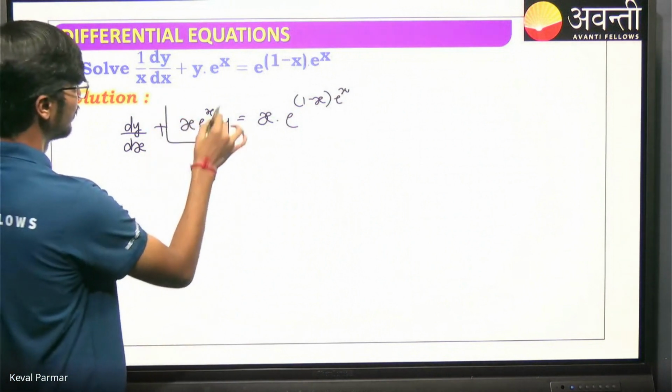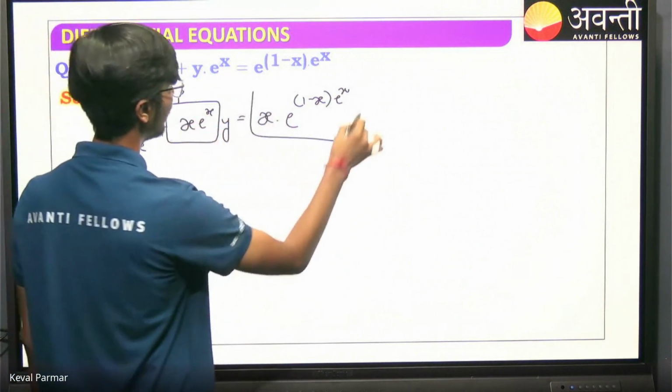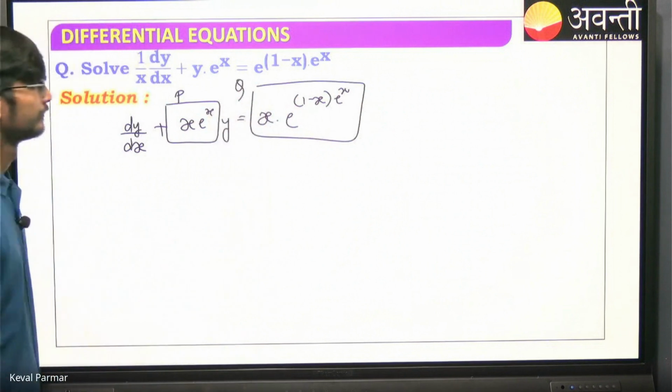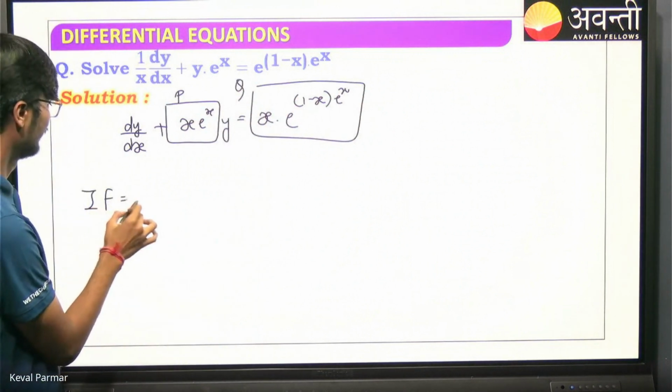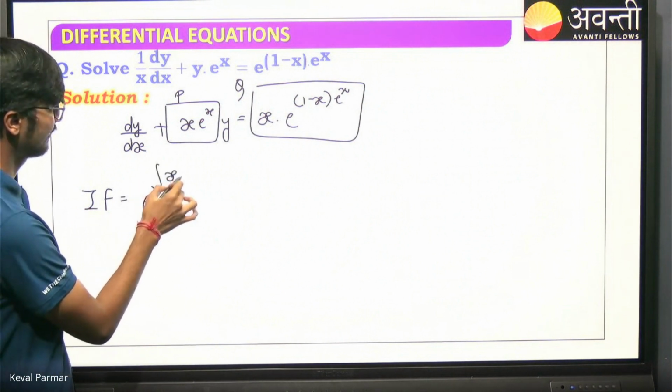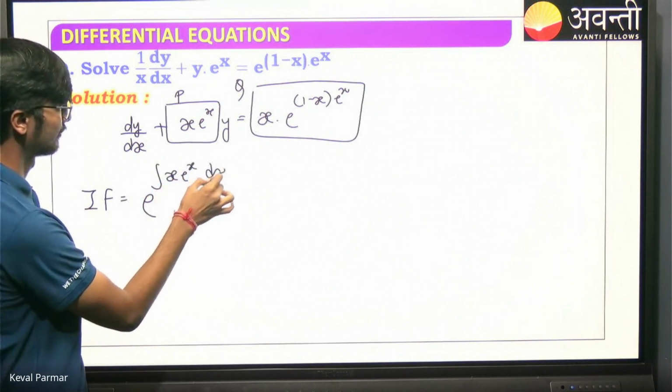So this is p and this is q. Correct? So my integrating factor will be e raised to integration x e raised to x dx.